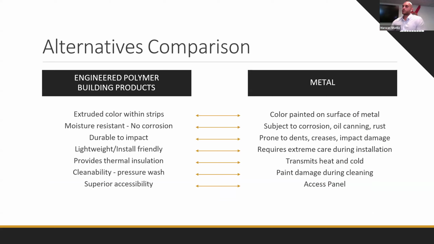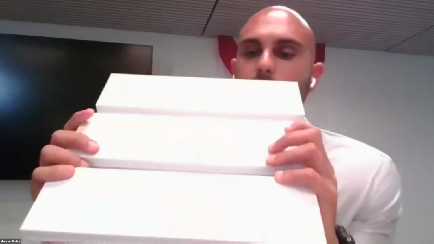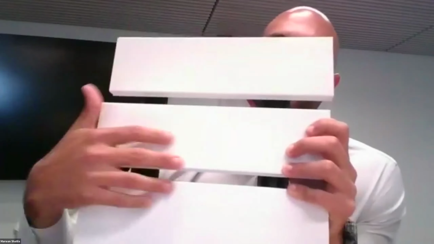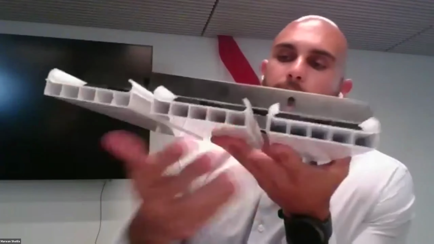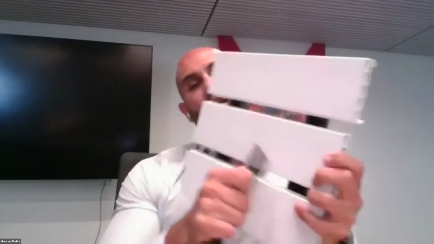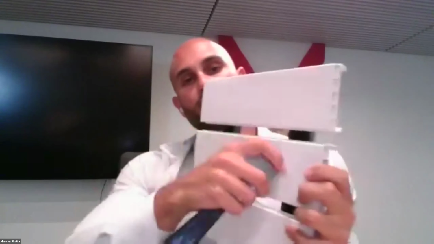So I showed you all that this is an extruded system in one color, such as you can see right here. That means the entirety of the system is all the same color. And what that essentially means is, the alternative, if you had, for example, a metal solution or a solid wood or what have you, would be that if you were to mark it up, this being a putty knife right here with a sharp edge, if you scratch it, right?